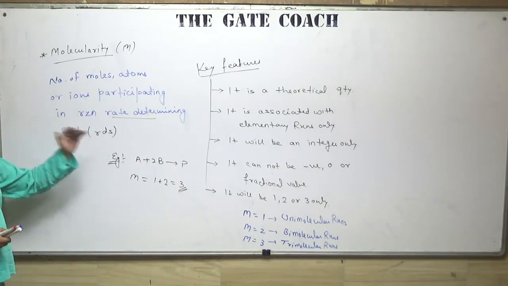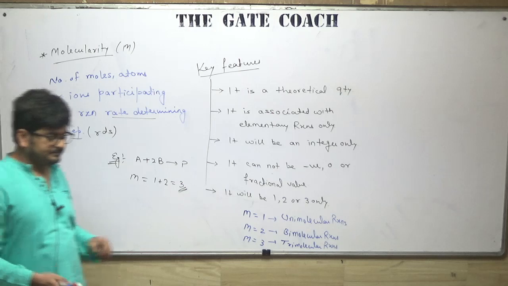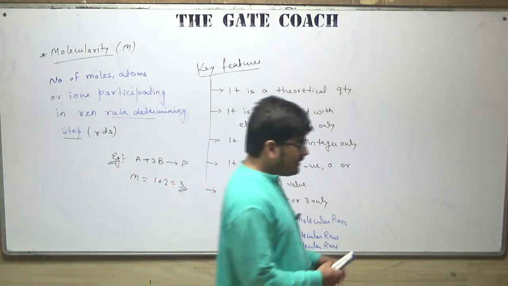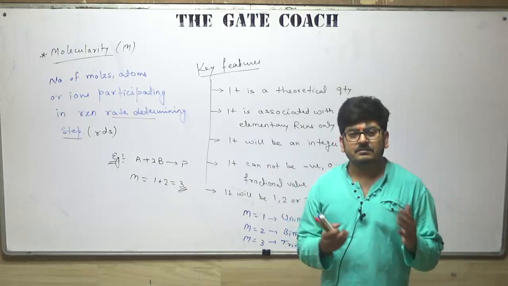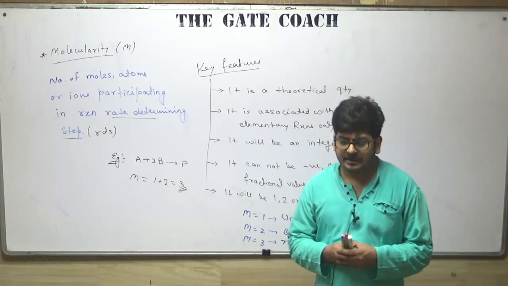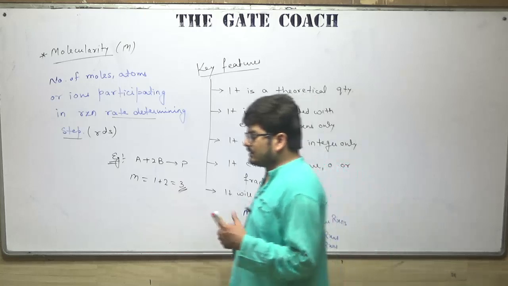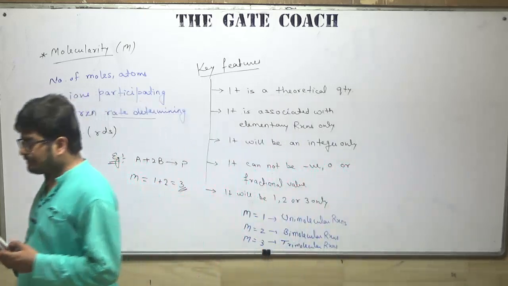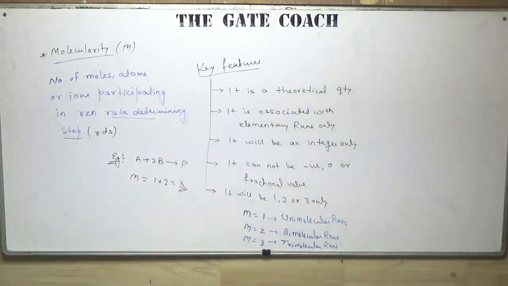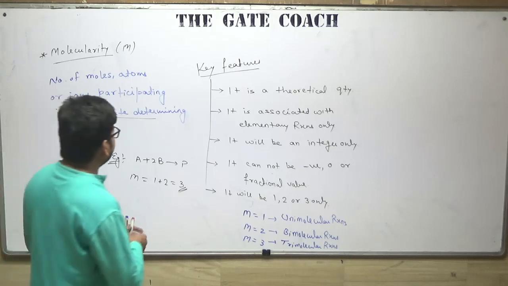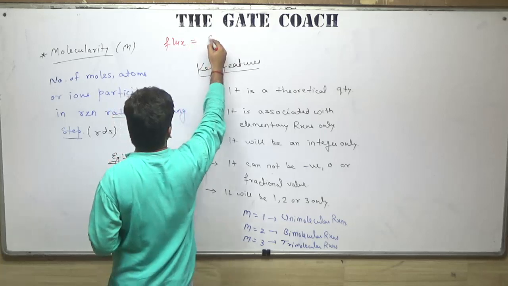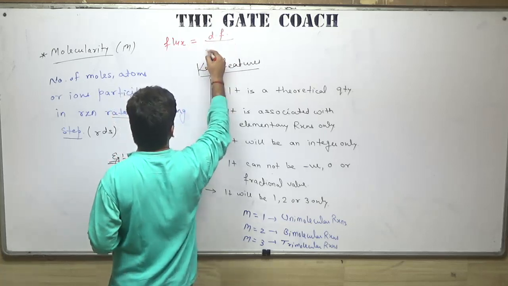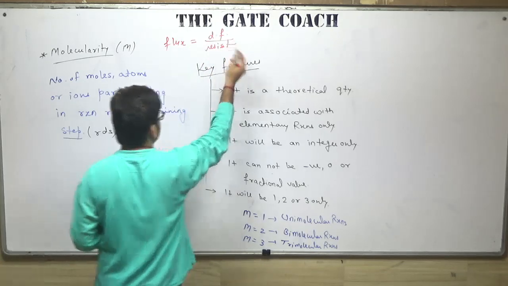Now, what is the rate determining step? I hope all of you studied mass transfer and heat transfer in your BTech. There is a term flux we use, and normally flux is defined as the driving force over resistance.